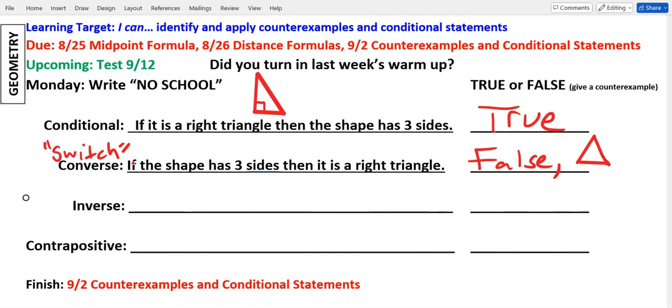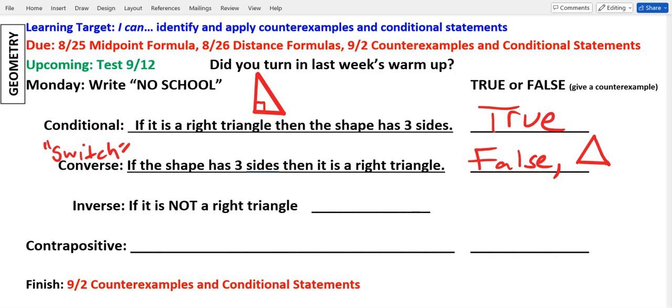Wake up. All right, so check it out. I'm going to keep the same order as the original conditional statement right up here, okay? If it is a right triangle, then the shape has 3 sides. All I'm going to do is drop in some nots. So how do I make the opposite of it is a right triangle? If it is not a right triangle, okay?